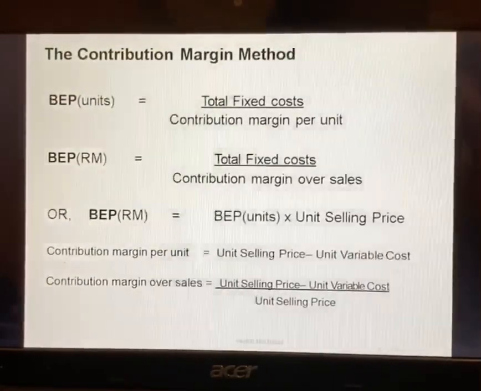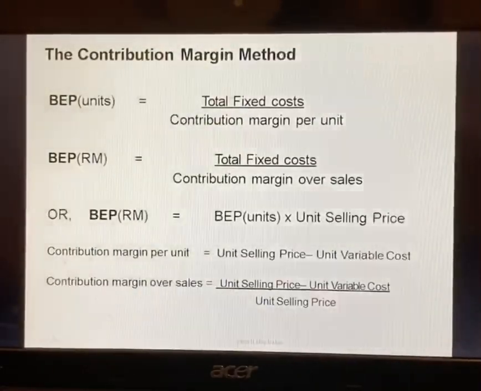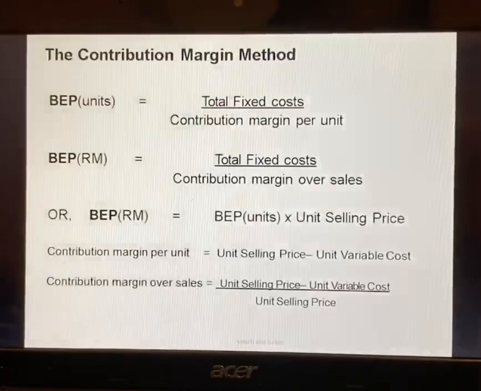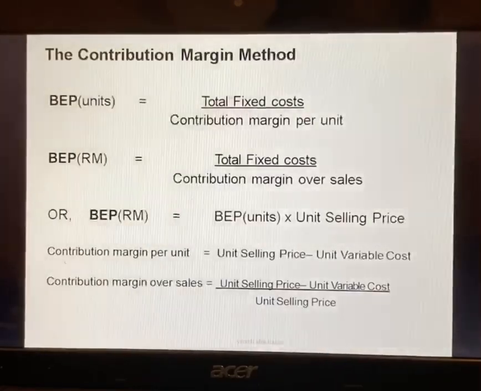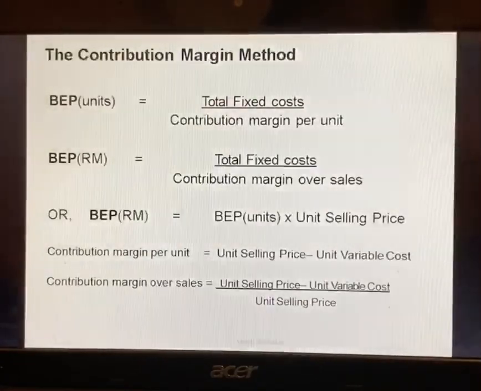So this is the formula to calculate the break-even point using the contribution margin method. The break-even point in units can be calculated using this formula: the total fixed cost divided by the contribution margin per unit.